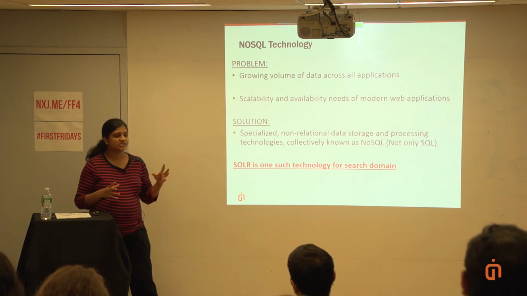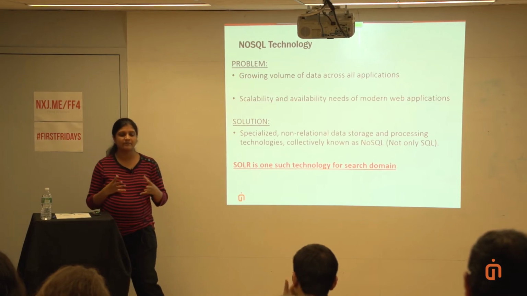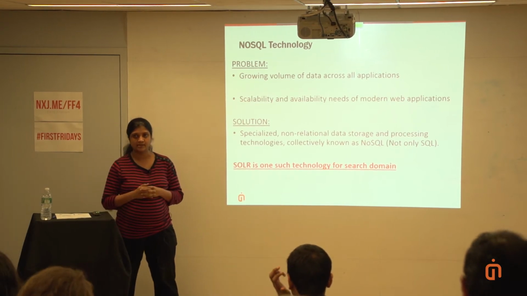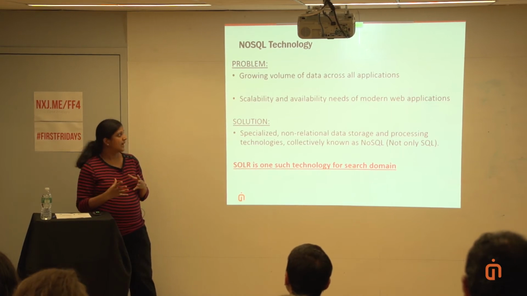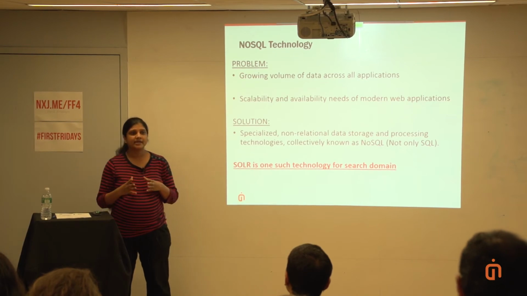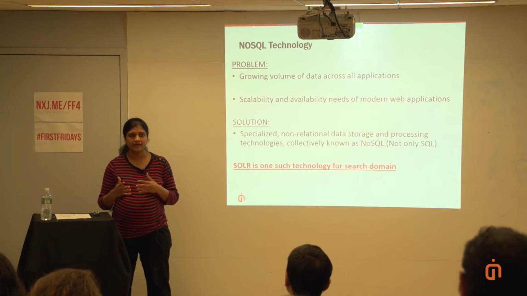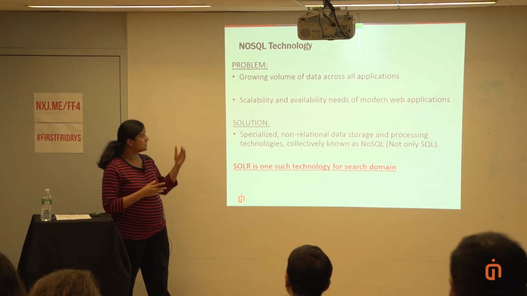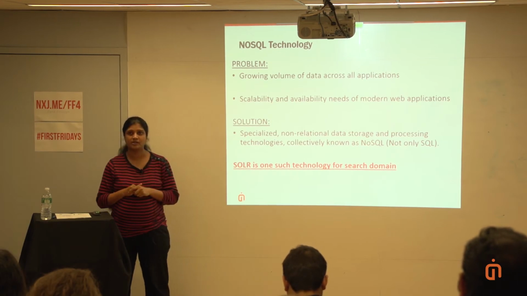And I want to touch briefly at a high level on the problem which NoSQL technology addresses. With the growing volume of data across all applications, particularly with e-commerce sites, the scalability and availability of these modern applications becomes more and more important, and for addressing all those needs we go after NoSQL technologies.